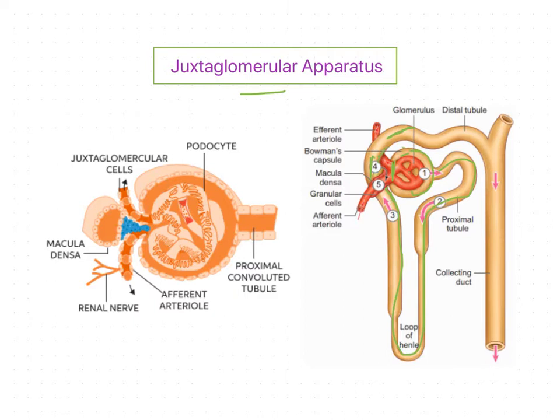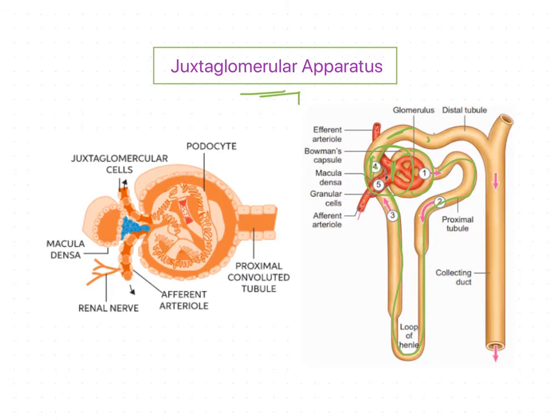This adjacent part, the vascular pole of the glomerulus, intimately related to its own ascending limb of the loop of Henle near the distal convoluted tubule, forms the juxtaglomerular apparatus.